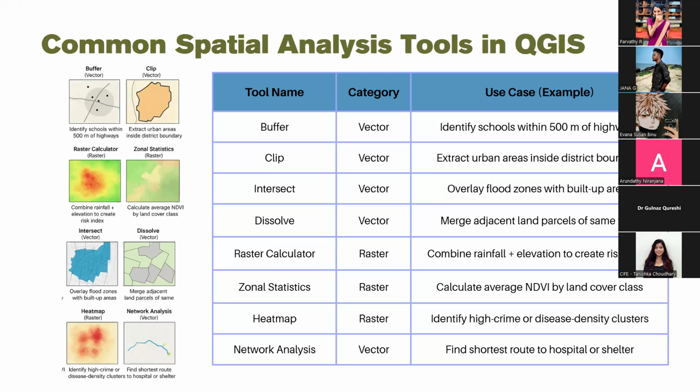Then clip. Clip is like a cookie cutter. It trims one layer using the boundary of another. For instance, we can clip urban area data to a particular district boundary to focus only on that specific area. We often do this while selecting our study area. Then intersect. It finds overlapping regions between two layers.